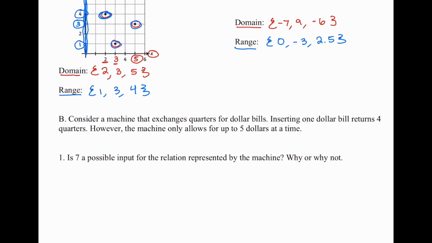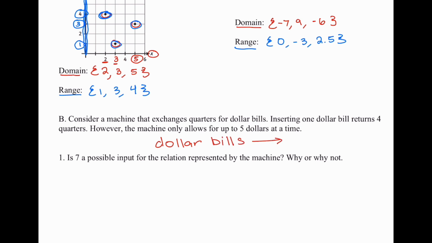B says, consider a machine that exchanges quarters for dollar bills. Inserting $1 returns 4 quarters. So I think a lot of you have been to arcades before where you need tokens to play or have used some sort of change machine, but we should know that every dollar gets us 4 quarters. So in this machine, we input dollar bills.